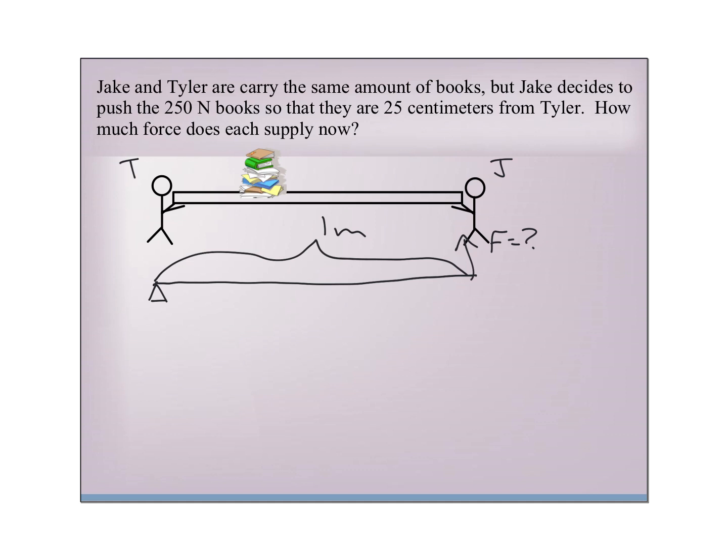And then we will have our meter stick of 10 newtons, half a meter away. And then we will have our stack of textbooks at 250 newtons, at a distance of 0.25 meters.